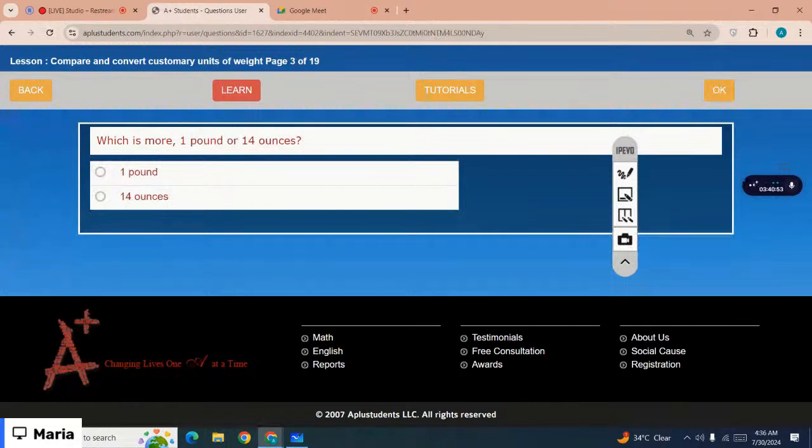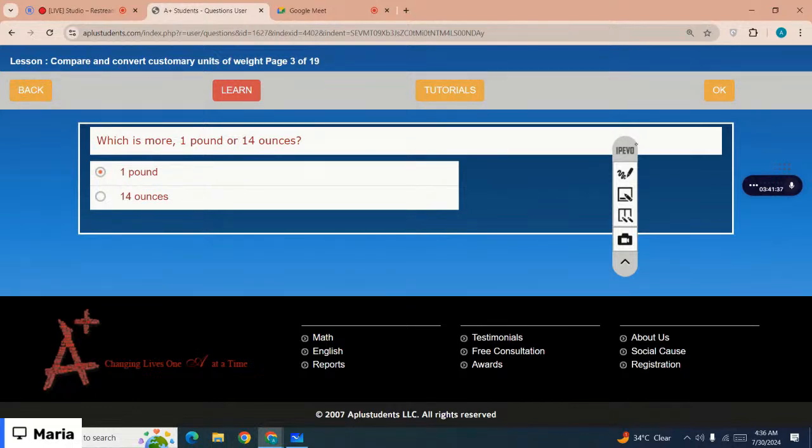Which is more, 1 pound or 14 ounces? Which is the correct option? 1 pound is more, right? Because in 1 pound you have 16 ounces.